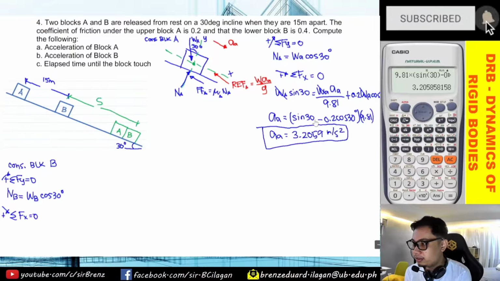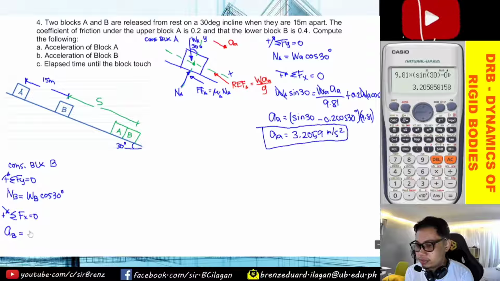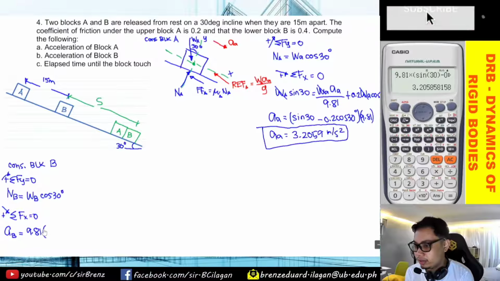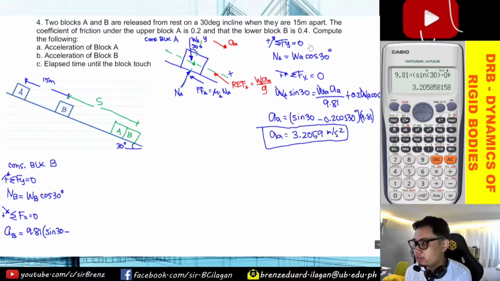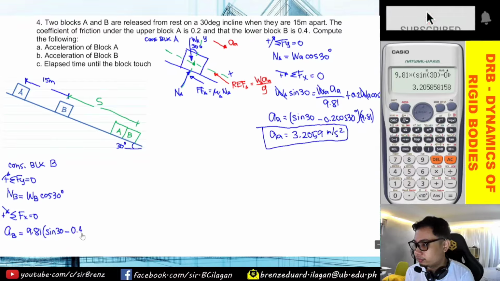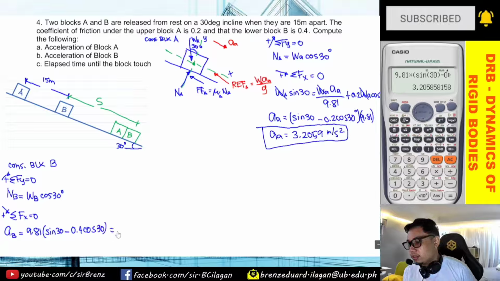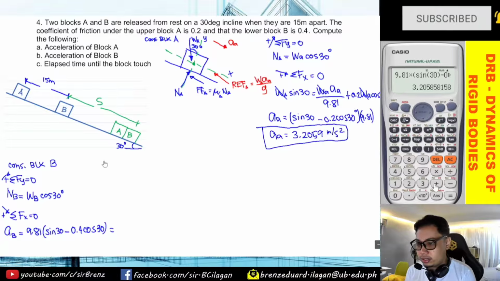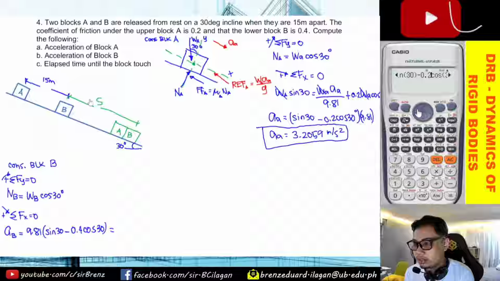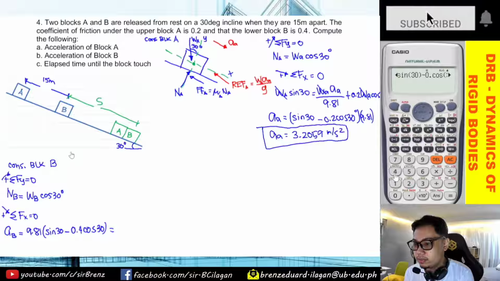I'll skip this part and do this instead. That will be equal to A sub B. So 9.81 times the quantity of sine 30 minus, again, this is the only part we're going to change in this equation: instead of 0.2, it will be 0.4, times cosine 30. I'll just edit this equation.